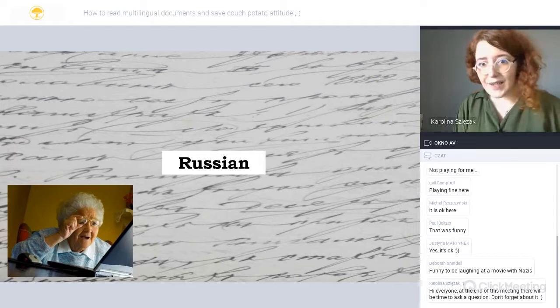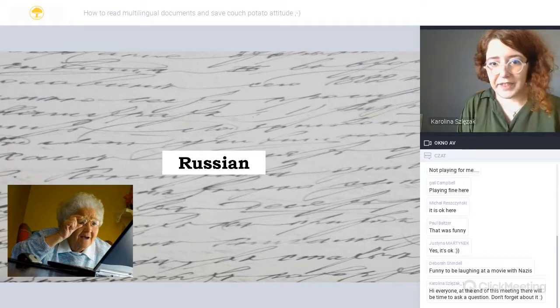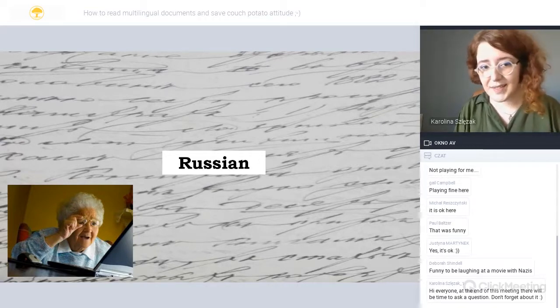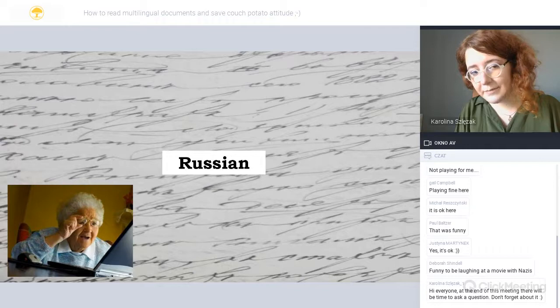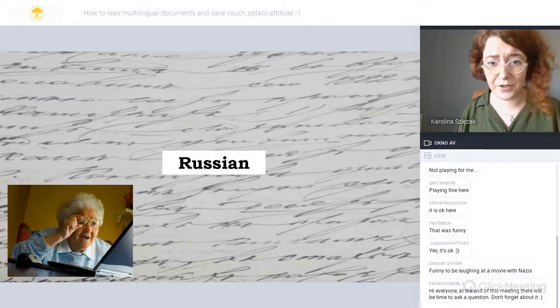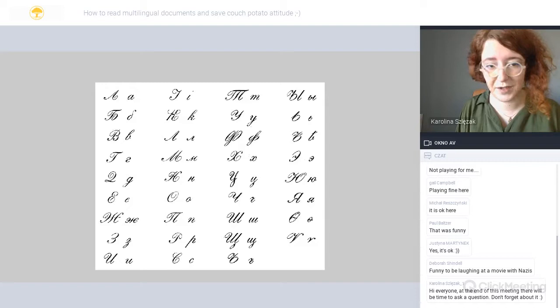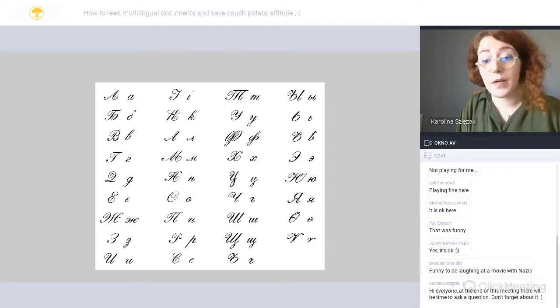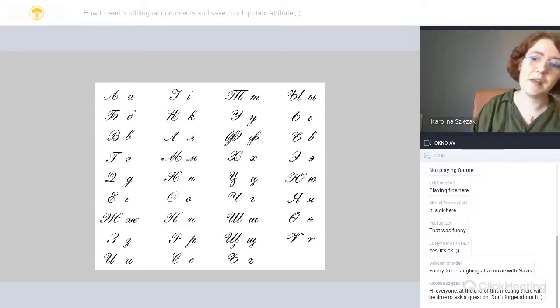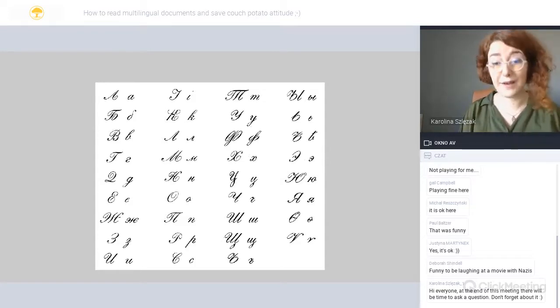And actually, we are moving to Russian. The background photo is really a picture of the documents we had to research a few months ago. And with Russian, we of course have another difficulty because we have another alphabet.